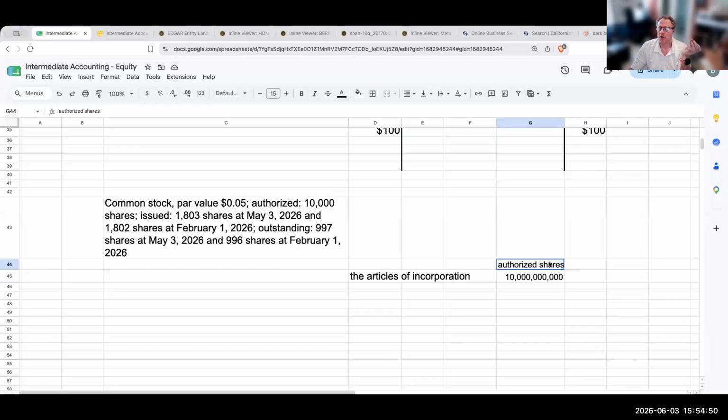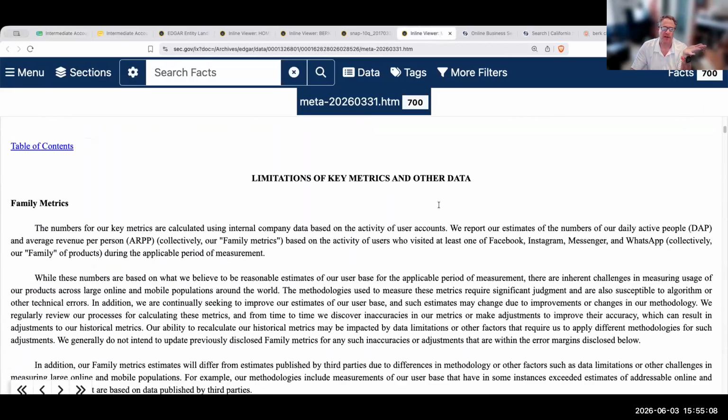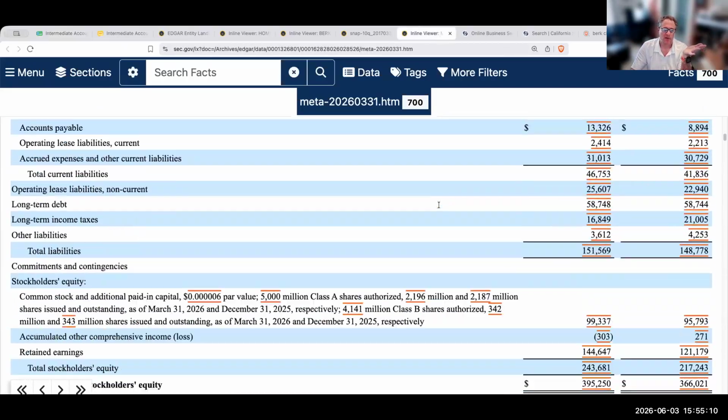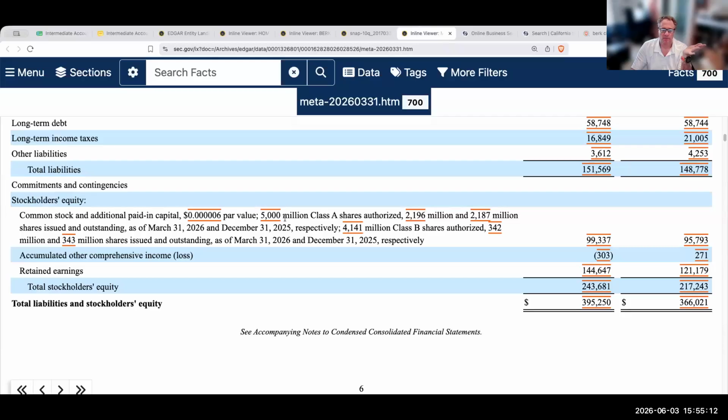When someone incorporates, they'll say we have this many authorized shares. From our perspective, there's no journal entry when this happens, because it's more of a disclosure. If I look at Meta, for example, this is the amount of shares authorized.